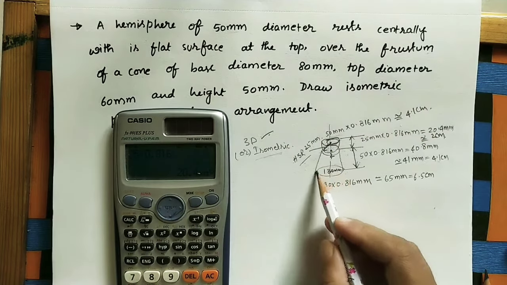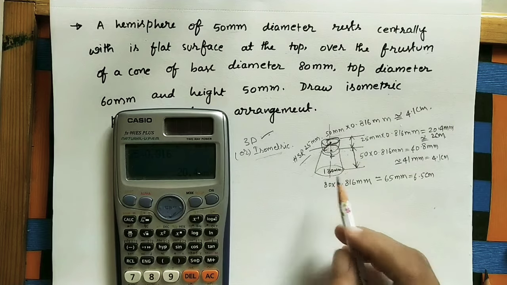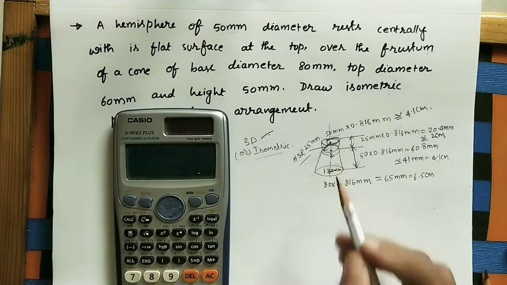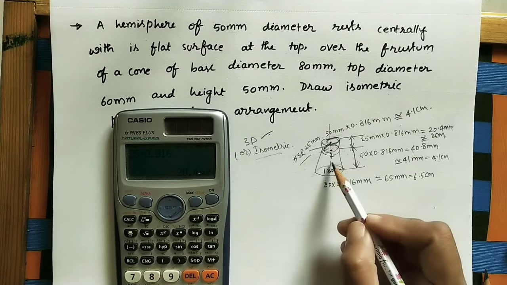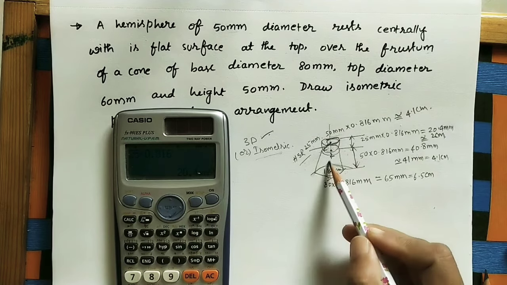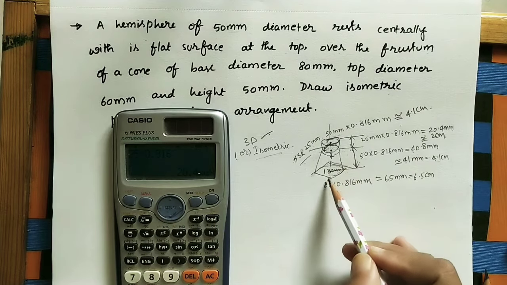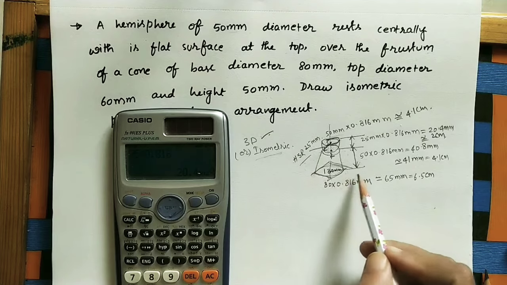So here, as we know, it is a circular one, but in isometric view it looks like an ellipse. Correct? For doing this ellipse, we need to make a rhombus like this. We have to keep the circle in this rhombus.